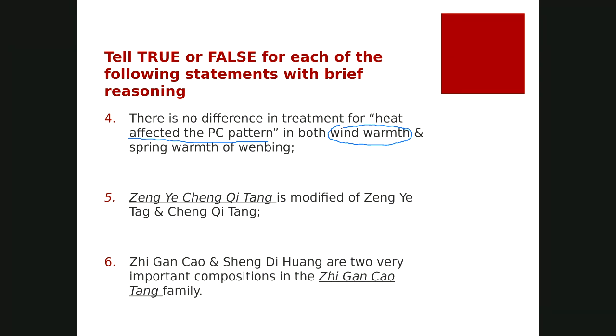It's very important. We never treat illness based on Western diagnosis or category of the warm disease. We treat the conditions based on the pattern of differential diagnosis. So this pattern is a heat affecting the pericardium pattern, so treatment will be exactly the same, no matter what kind of conventional disease, no matter which category of warm disease in TCM.